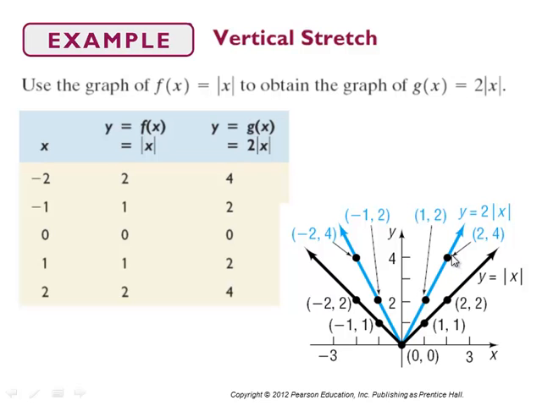So in other words, you get a stretch by a factor of 2. This is an example of a vertical stretch by a factor of 2 in this case. And if you were to have 3 times the absolute value of x, then the resulting graph would be even more stretched, this time by a factor of 3 instead of 2.